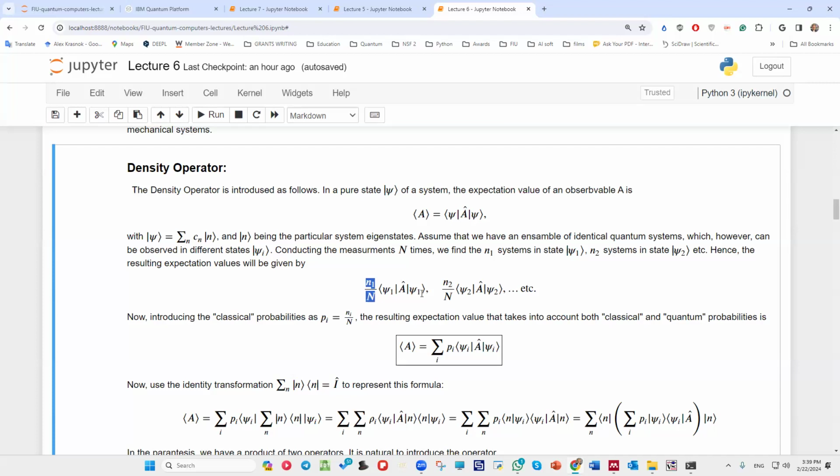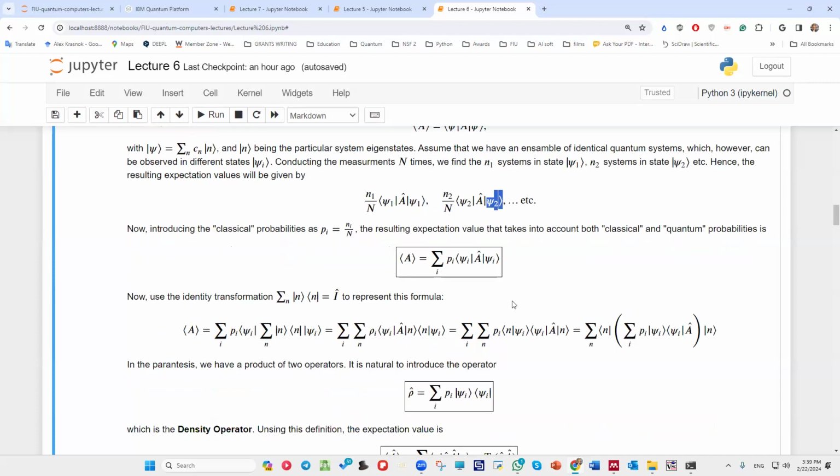This ratio will give us the classical probability of finding the psi1 state. Likewise, n2 over n will be the probability of finding the psi2 state, and so on. And now, if I sum up all these contributions together, taking into account the probability, which I denote by p with index i, right?